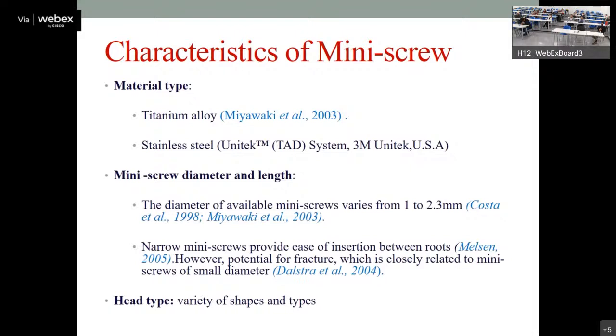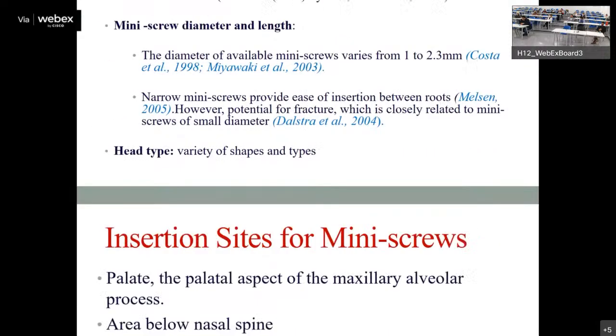They suggested that the thinner micro screws are easier to place between the roots. But although this is an advantage, the disadvantage is that thinner micro screws are more prone to fracture compared to wider micro screws. The head type can come in a variety of shapes: bracket shape, round shape, button shape, small head, large head, short, long, and different types.